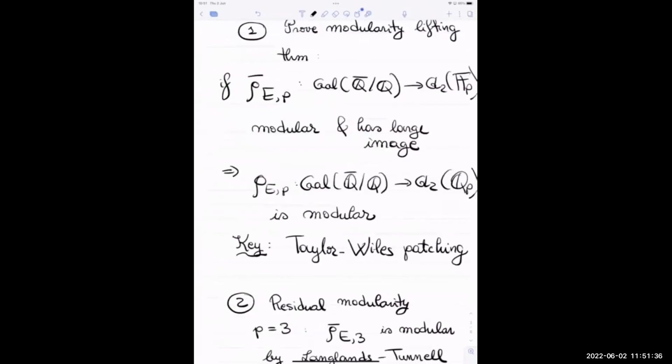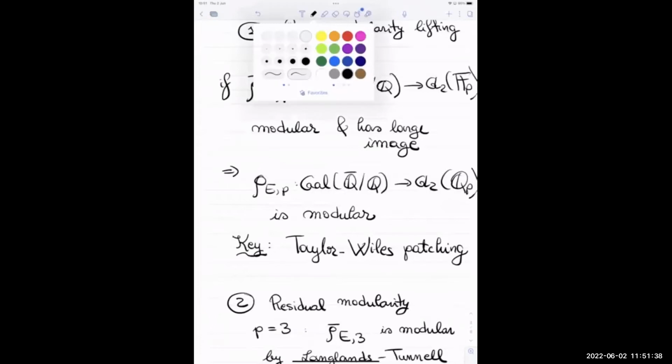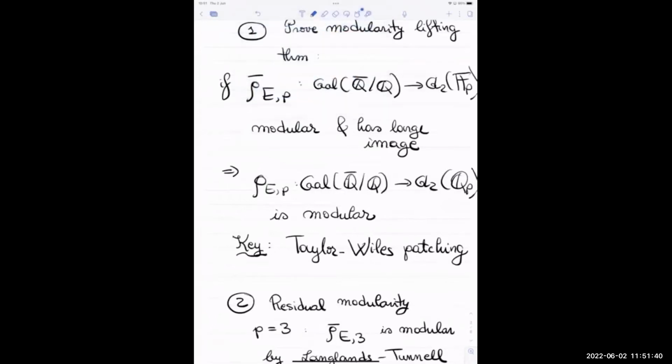What's different in the case of a real quadratic field? Maybe I'll use, let's say, blue, for adding what's new in the real quadratic case. So, I mean, you still want to use this Taylor-Wiles method to prove a modularity lifting theorem. So you assume your residual representation is modular with large image. You want to prove modularity lifting.